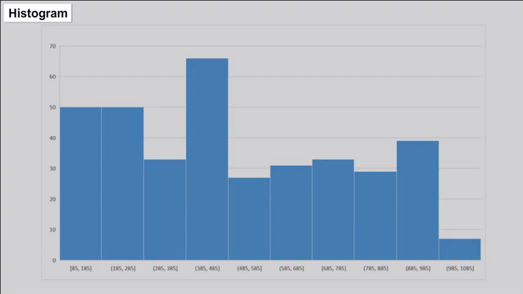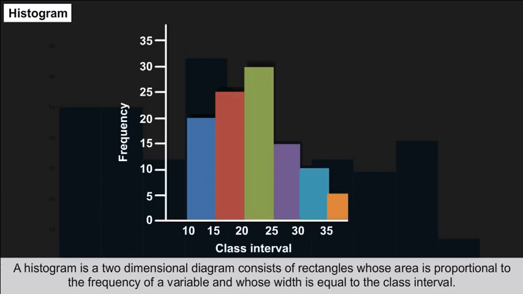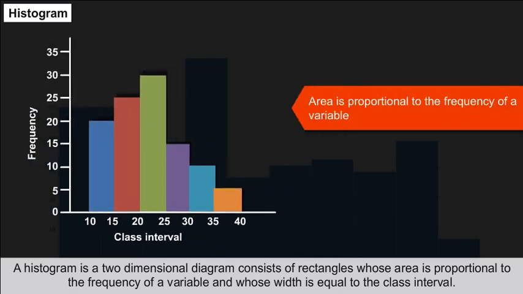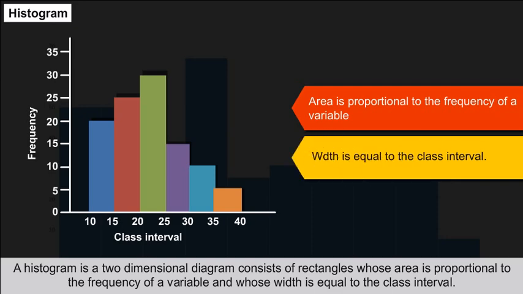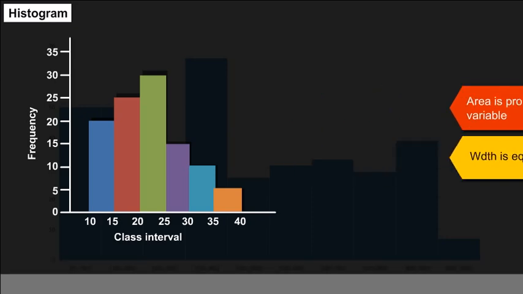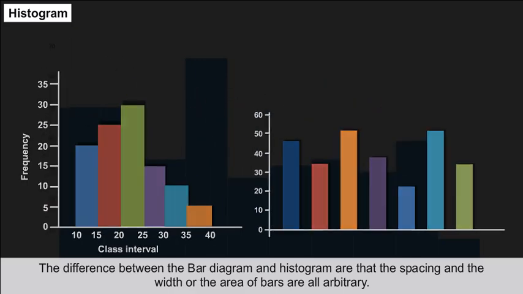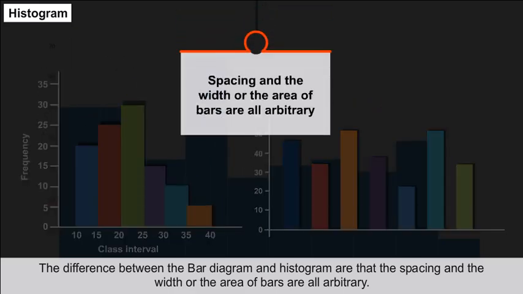Histogram. A histogram is a two-dimensional diagram, consisting of rectangles whose area is proportional to the frequency of a variable and whose width is equal to the class interval. The difference between the bar diagram and histogram is that the spacing and the width or the area of bars are arbitrary.